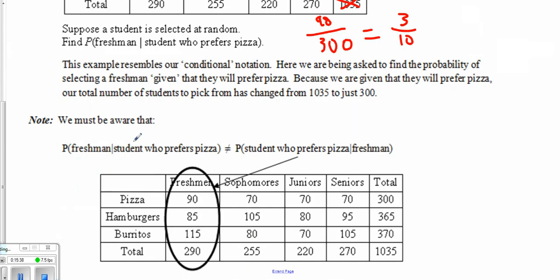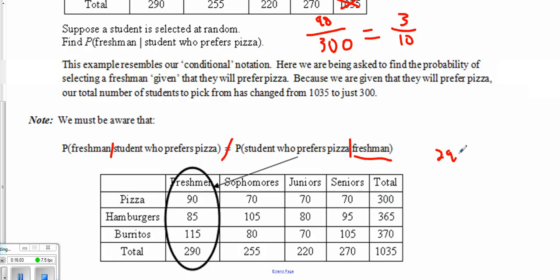Now, we also need to be aware that the probability of picking a freshman, given that they are a student who prefers pizza, is not the same at all. It's not equal to students who prefer pizza, given that they are a freshman. The difference here is, if I say given that they're a freshman, we'd have to think, how many total freshmen are there?